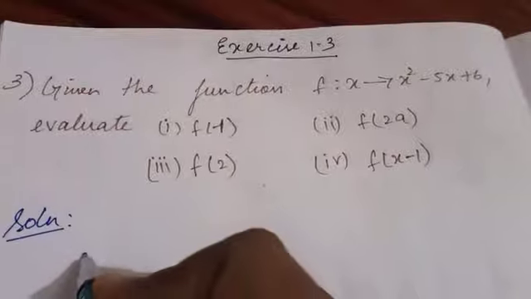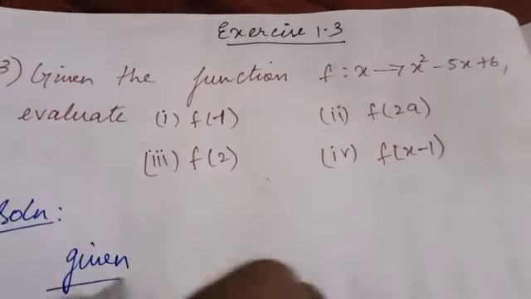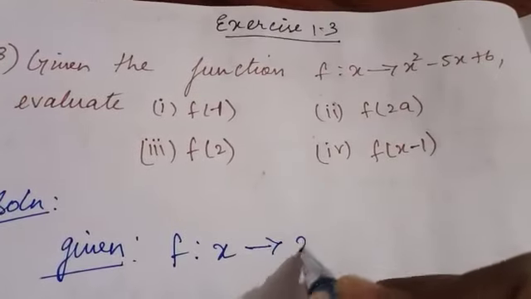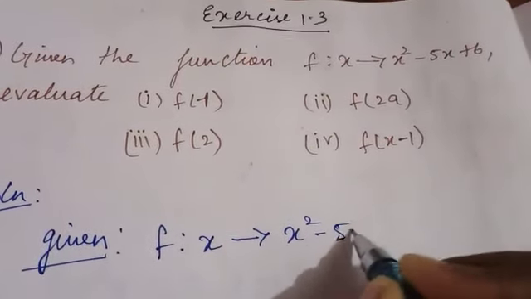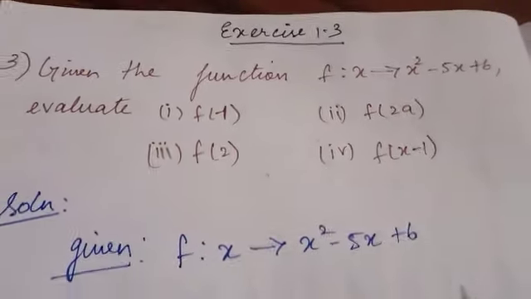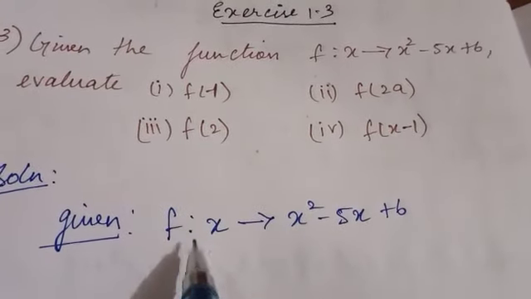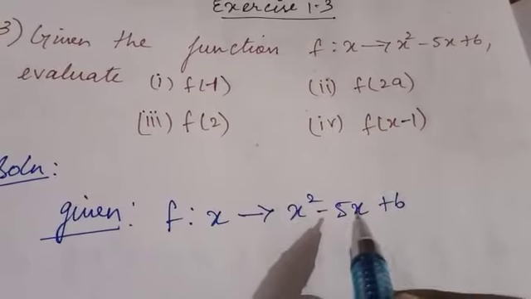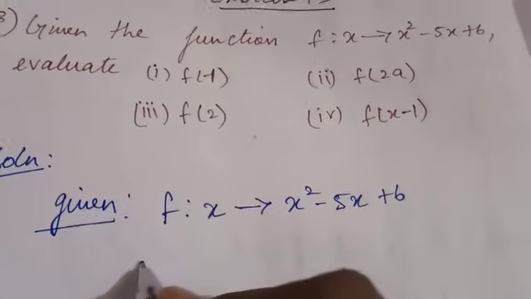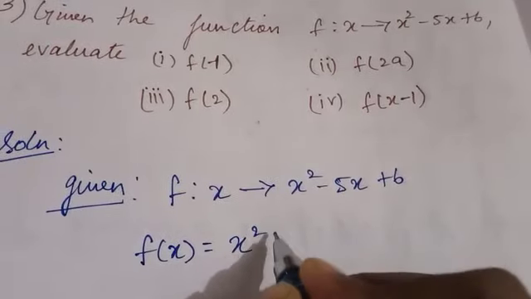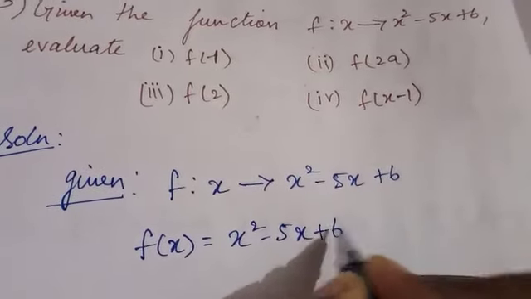So what is given? F from x to x square minus 5x plus 6. So the function is from x to x square minus 5x plus 6. Now we can write this as f of x is equal to x square minus 5x plus 6.